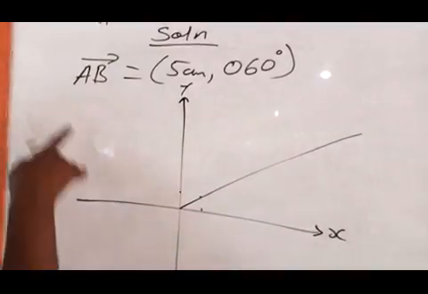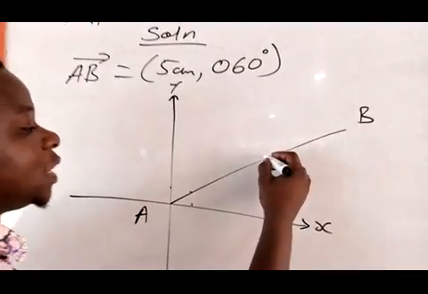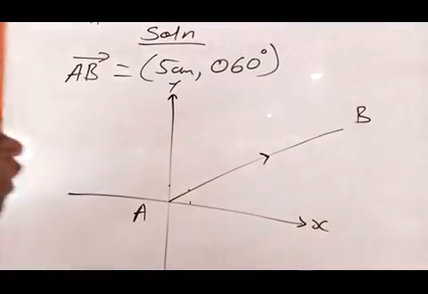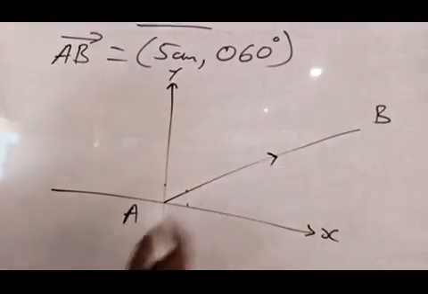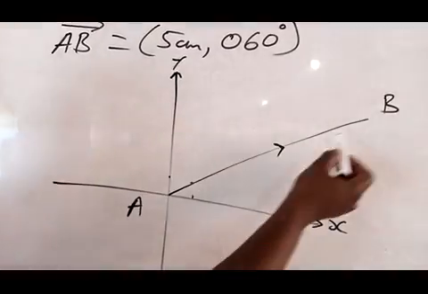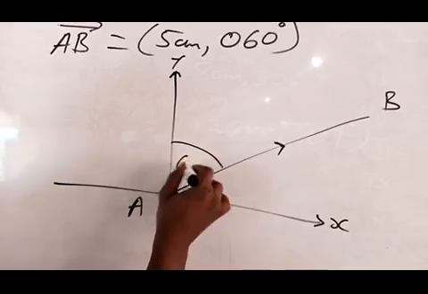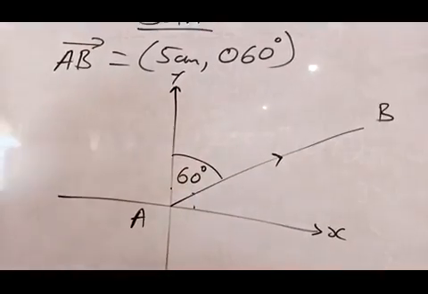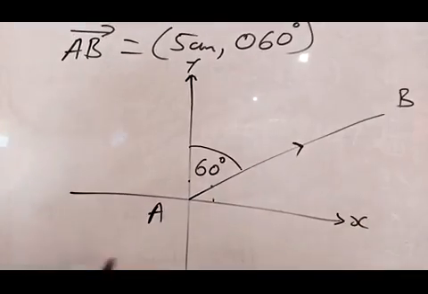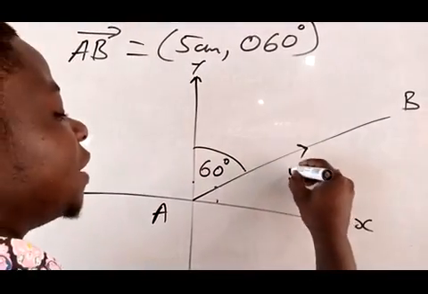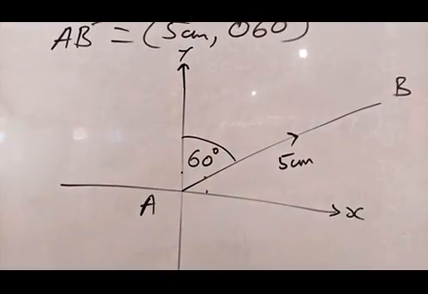Now, we know we are dealing with vector AB, so this is the direction of the vector. From the y to the direction of the vector, we have 60 degrees. And then the distance between A and B is 5 centimeters. Is that okay?